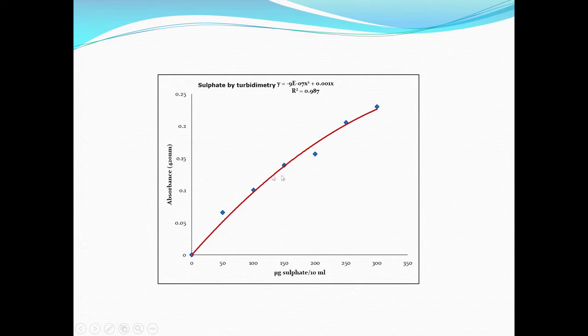Again I want to draw your attention to the calibration curve. The calibration curve is not at all linear, but it is not necessary that it should be linear. This is one classic case where the calibration can be non-linear, but if it is reproducible, we should be able to use it for our purpose.